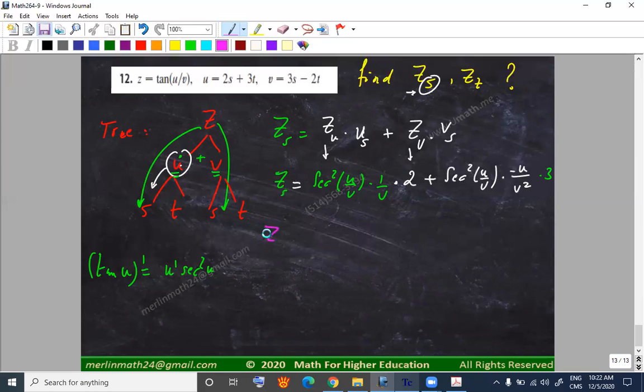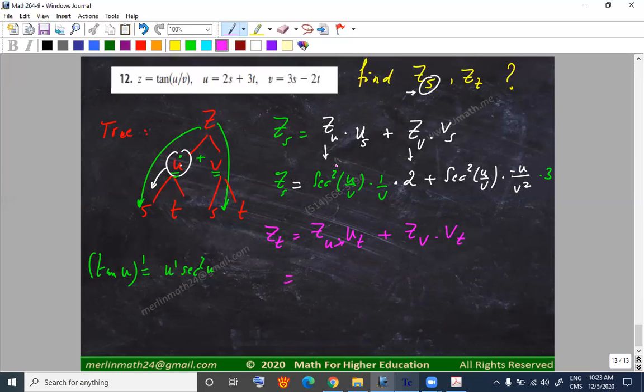Is it clear? Do Z_T as if Z to T. Z_U times U_T, plus Z_V times V_T. Now Z_U and Z_V are the same as before.